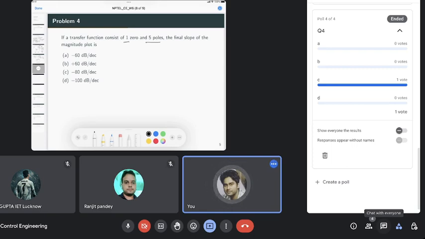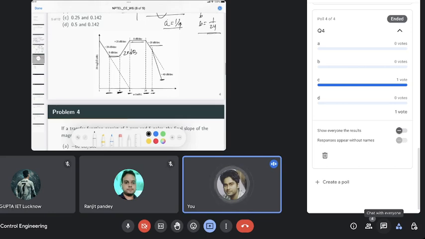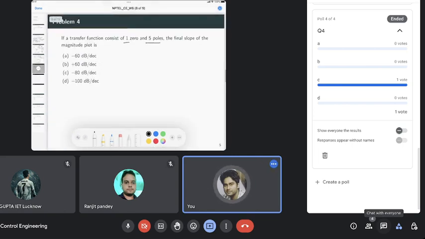Irrespective of where they are located, whether the poles are at the initial position or the zero is at the initial position or they are intermediate, when this frequency becomes very high, you have already passed through all these corner frequencies, right? So your final slope will be determined by how many poles and zeros are there. For each zero you account for 20 dB per decade, and for each pole you have minus 20 dB per decade.